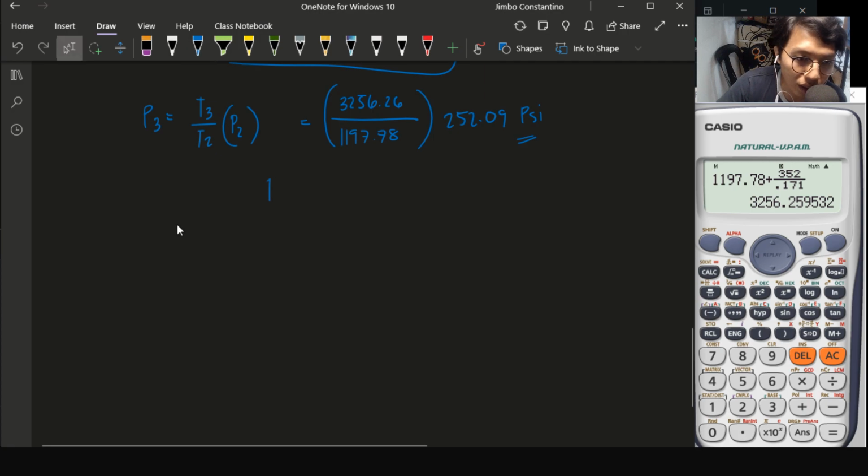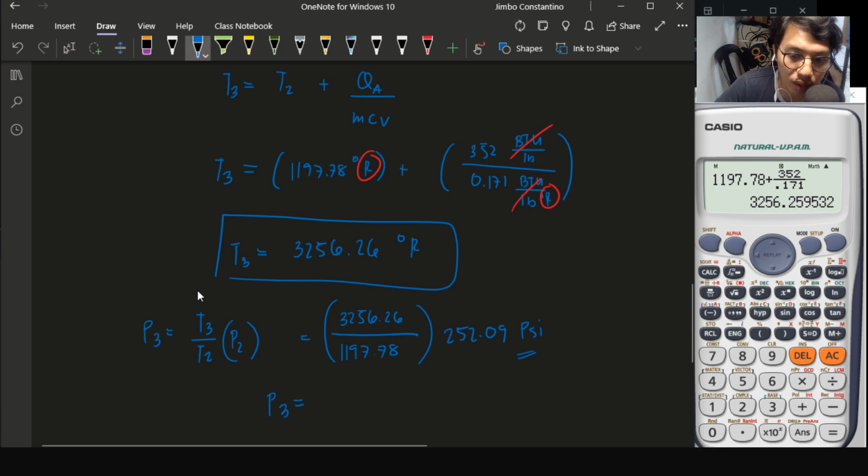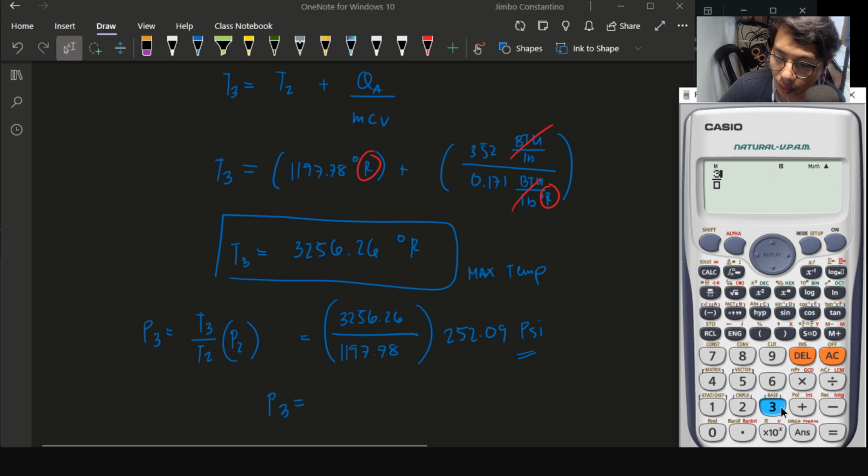So, P3, maximum temperature of combustion. Ito yung maximum pressure. 3256.26 divide by 1197.78 multiplied to 252.09.